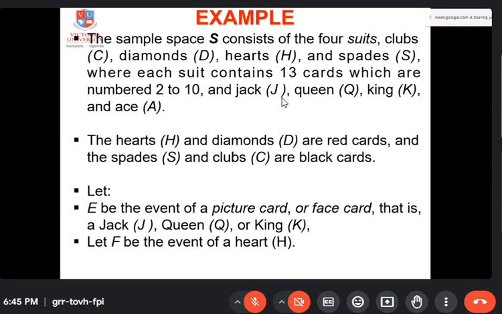A set which has got a picture card or a face card. The picture and the face, that is the same. So how many picture cards do you have in total?